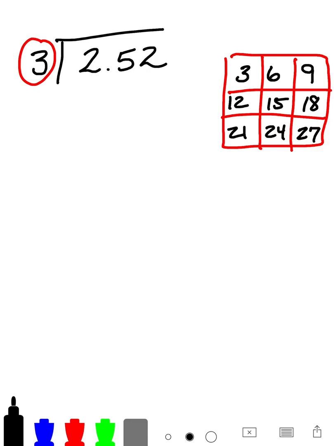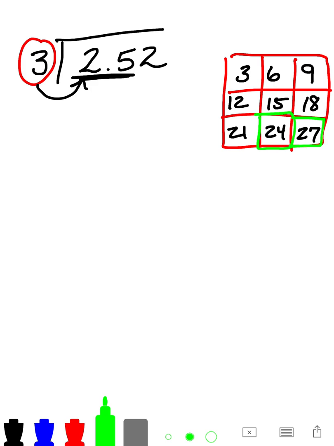So I say to myself, can 3 fit into 2? No, but it can fit into 25. So I have to look at my count by box and find a number that's close to 25 but does not go over. Okay? I see 24 here. That's close to 25 and it doesn't go over, but let's check one more just to be safe. 27, nope, can't use it, it goes over.